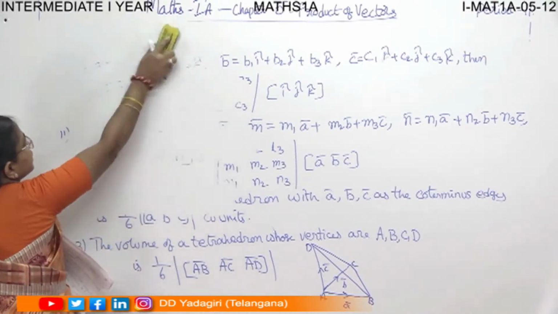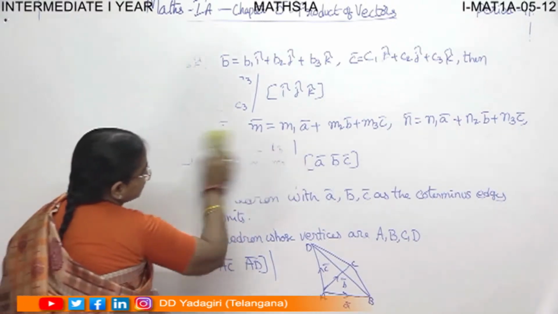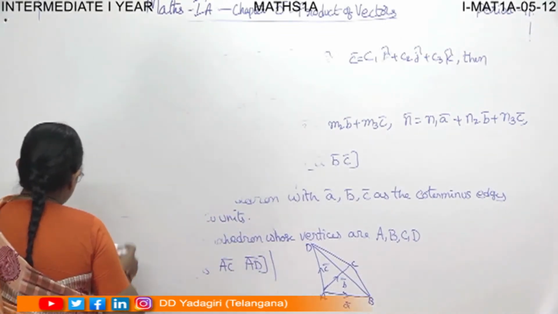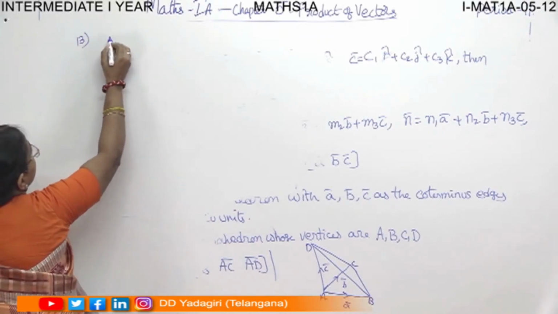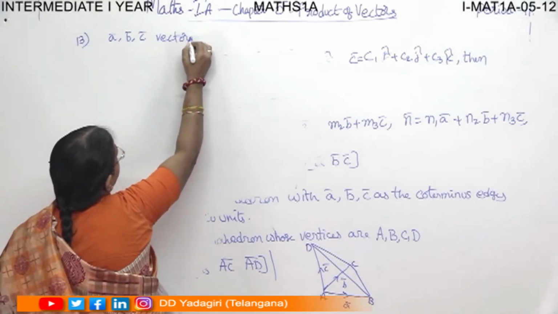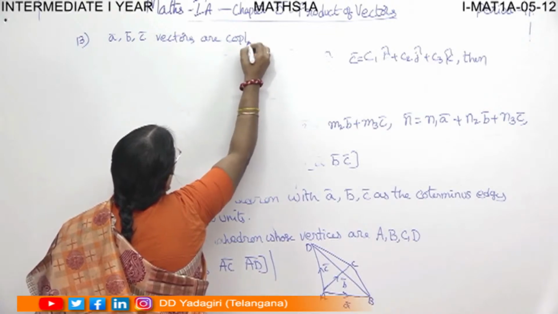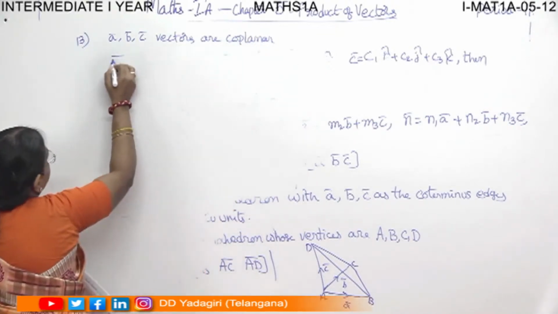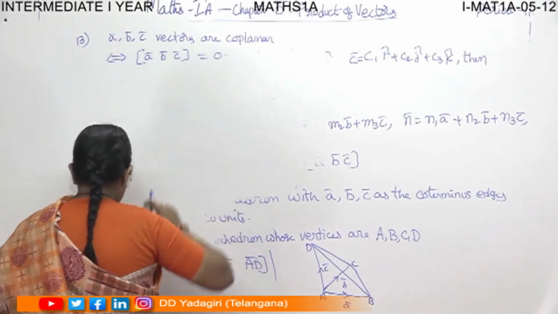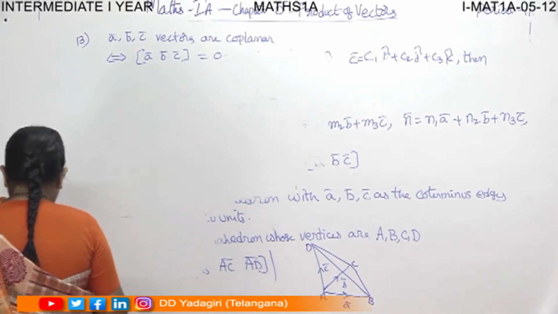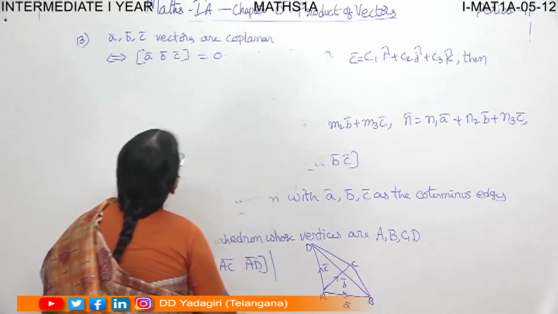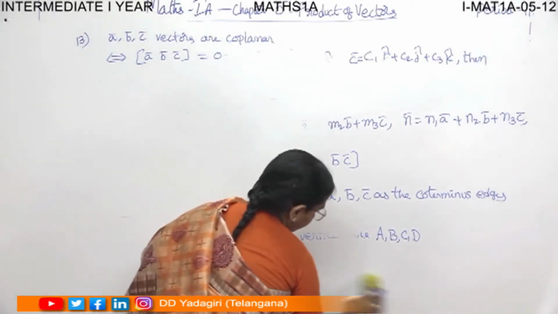And then you have the next theorem, the 13th point: ABC vectors are coplanar if and only if their box product is 0. So this is the next property.